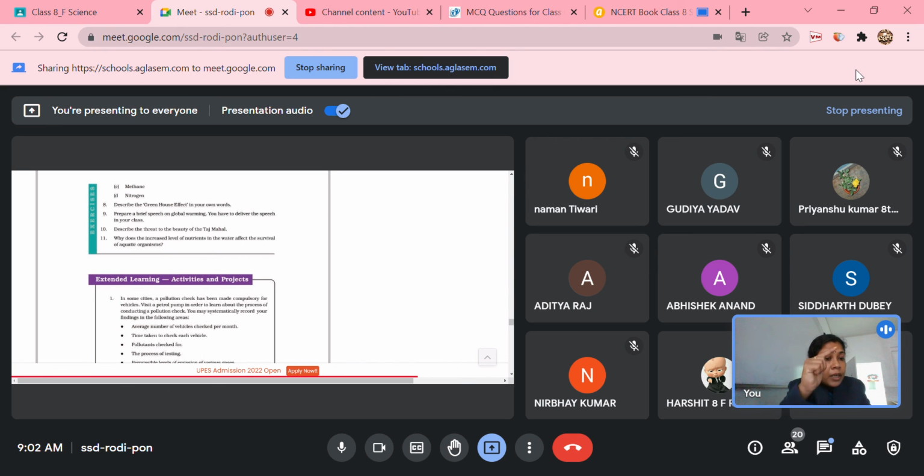This reflected heat is absorbed by the greenhouse gases. Even after sunset, when the source of heat is not there, our earth remains warm for a longer period of time, and that is why this makes our earth hospitable for living organisms. Am I clear? This is the greenhouse effect.